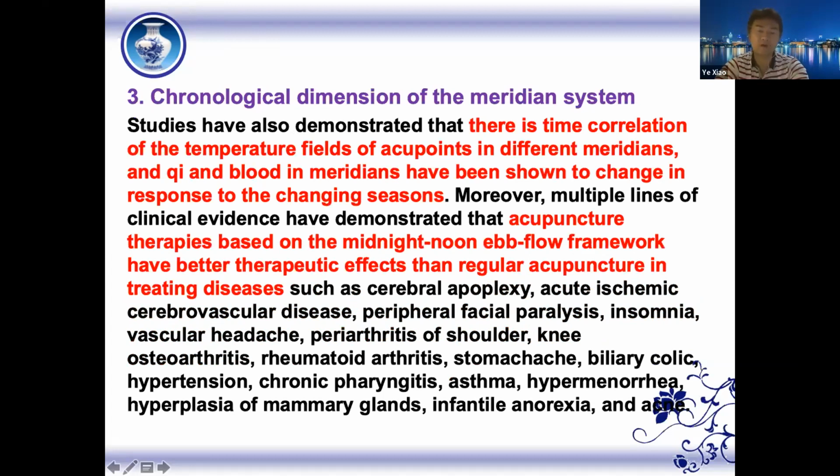And the studies have also demonstrated that this time correlation of the temperature fields of acupoints in different meridians and qi and blood meridians have shown to change in response to the changing seasons.